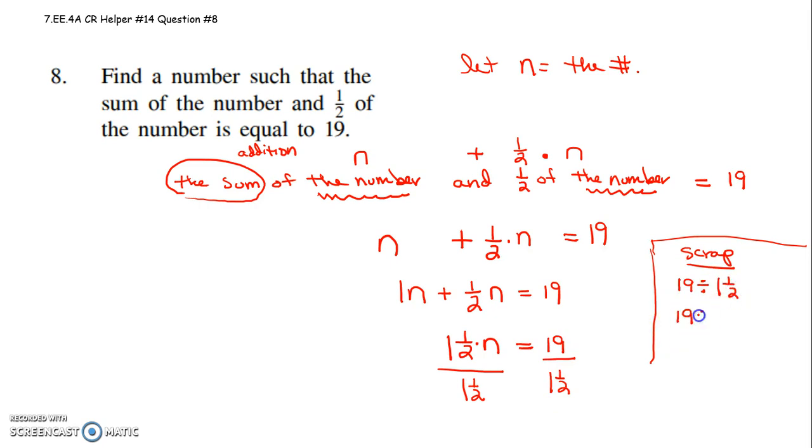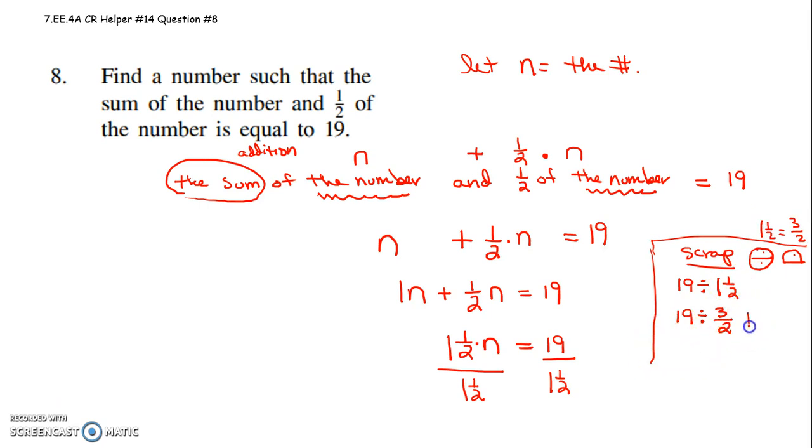19 divided by 1 and 1/2. 1 and 1/2 is actually 3/2. 2 times 1 is 2, plus 1 more is 3/2, keeping my denominator. If I have one whole circle and half of another circle, I actually have 3/2. 1 and 1/2 is the same as 3/2.